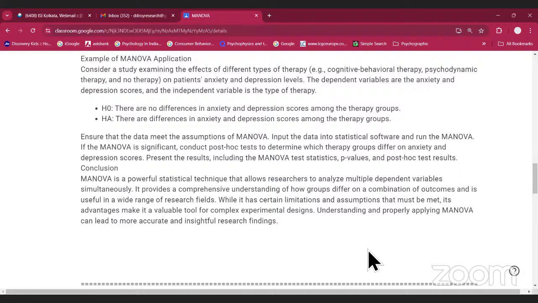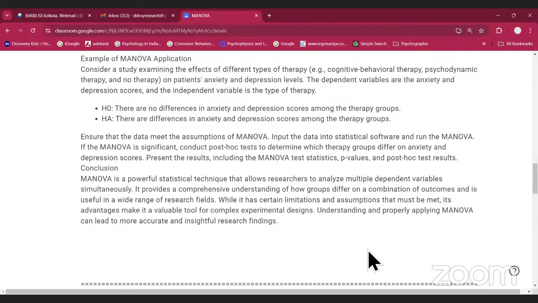Sir, that can be done with ANOVA also, that you do separate ANOVA with one independent, one dependent. Yeah, you can do that. That is, cognitive behavioral therapy and no therapy, two groups are there, and anxiety is your dependent variable. Then you can check.